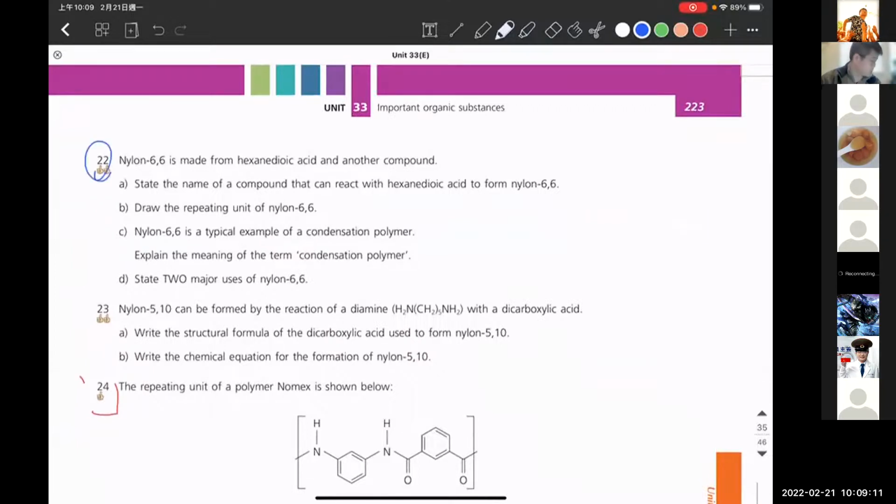Final question, question 22. Nylon 66 can be made from hexanedioic acid and another compound. What is the name of the other compound?